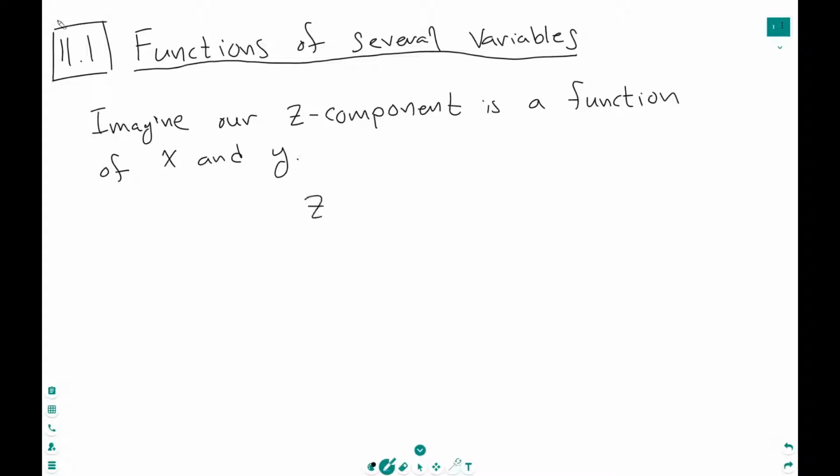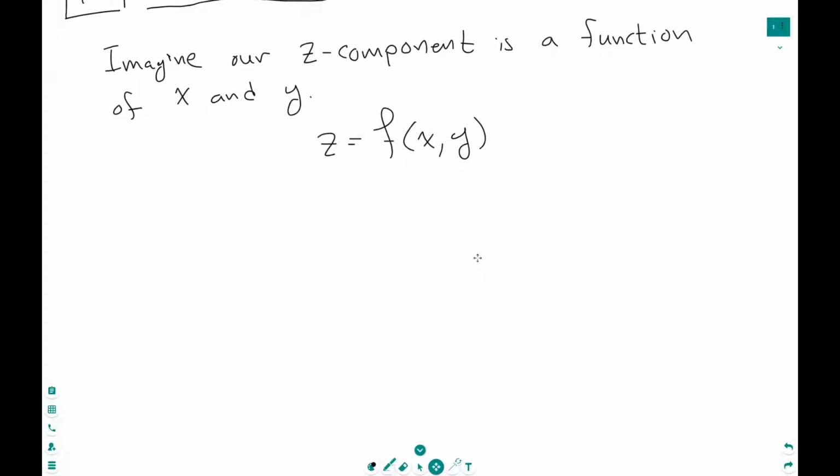So we say z is a function where we can input two scalars into. We can input x and we can input y. And our output is another scalar, right? In this case, we can think of it maybe as our z component in R3.